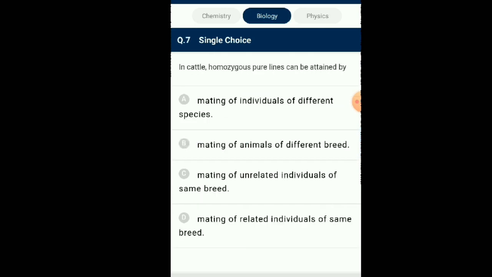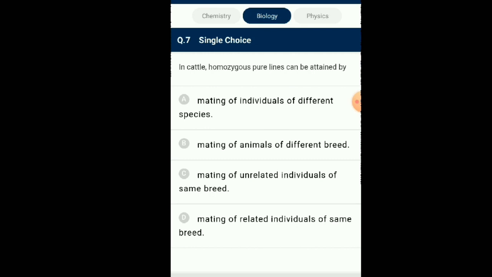Question number 7. In cattle, homozygous pure lines can be attained by inbreeding. It refers to the mating, that means crossing, of closely related individuals within the same breed for 4 to 6 generations.